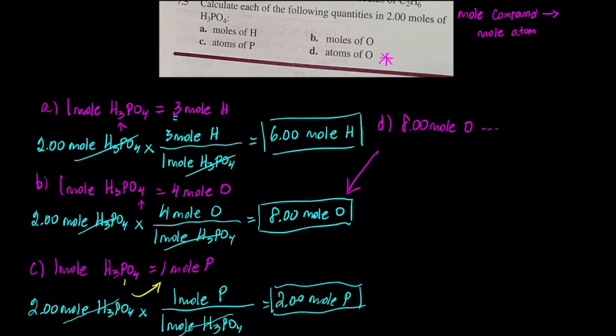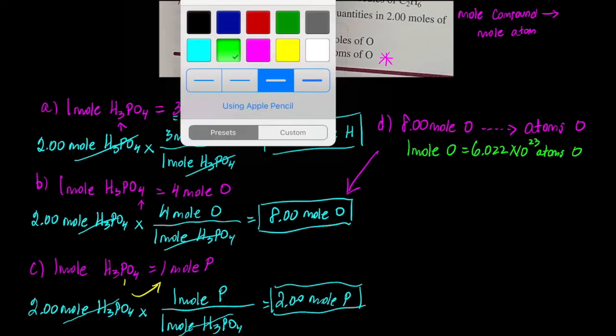And we want to somehow convert that to atoms of oxygen. All right, how do we do that? Well, the first thing you need to recognize is that 1 mole of oxygen is equal to 6.022 times 10 to the 23rd atoms of oxygen. And that's called Avogadro's number.